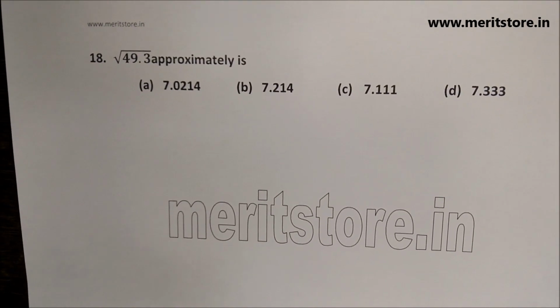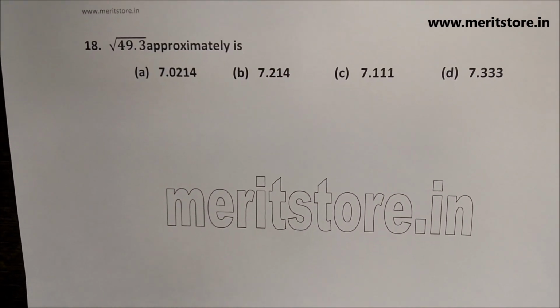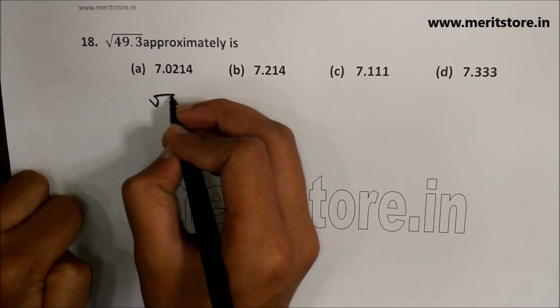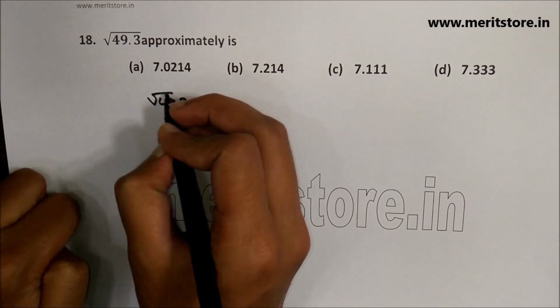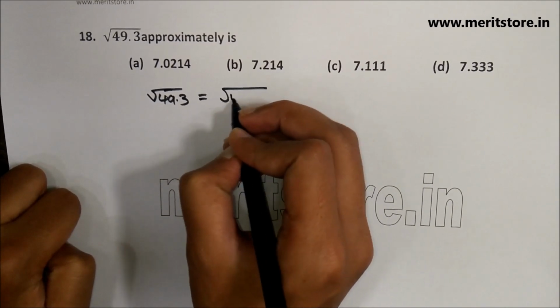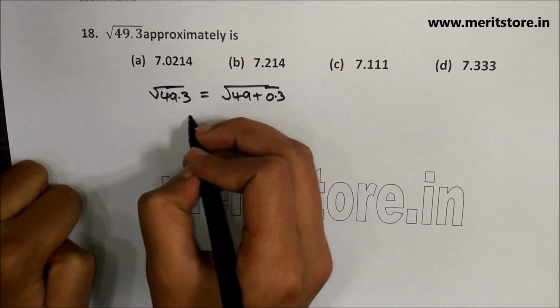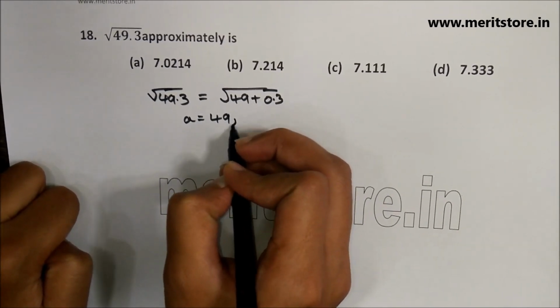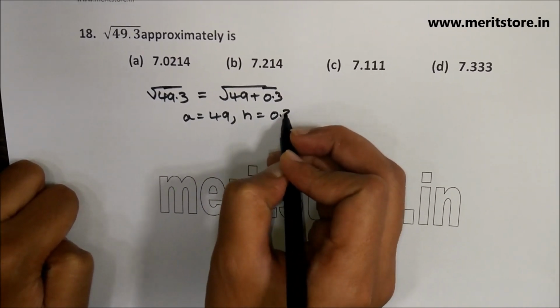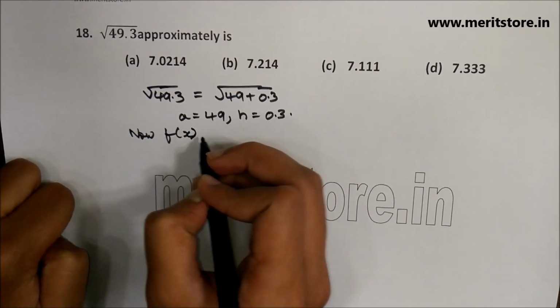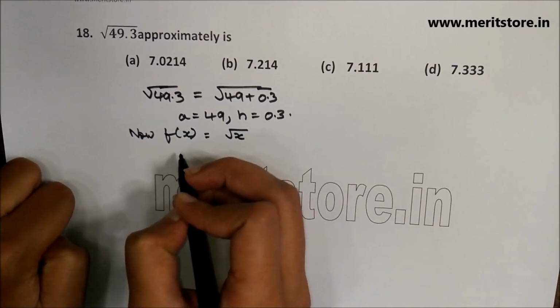18. Root of 49.3 approximately is, to find the square root, we have to write 49.3 is equal to root of 49 plus 0.3, where a is equal to 49 and h is equal to 0.3. Now f of x is equal to root of x.